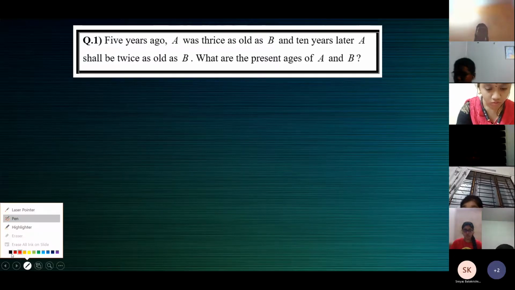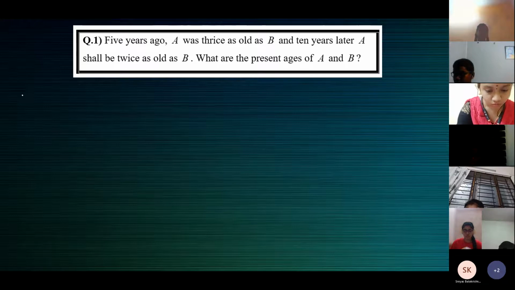See, you may understand well, but please listen to me. So we normally assume whatever is to be found. What have we to find? What are the ages of A and B? So we start like this.